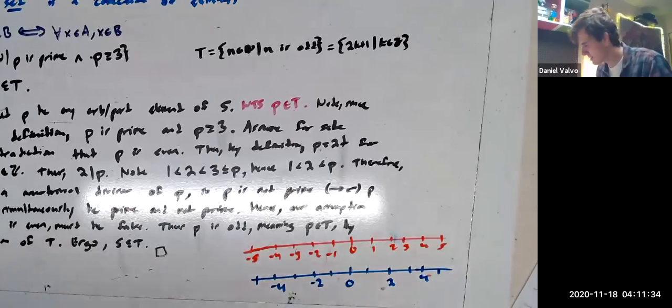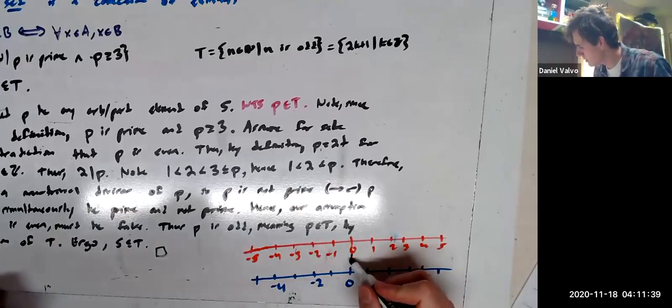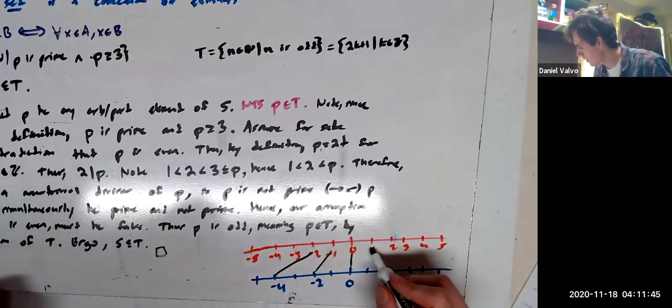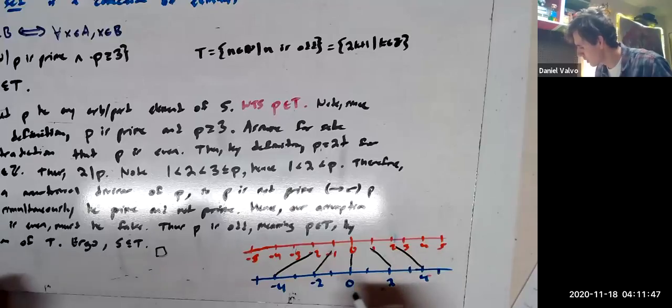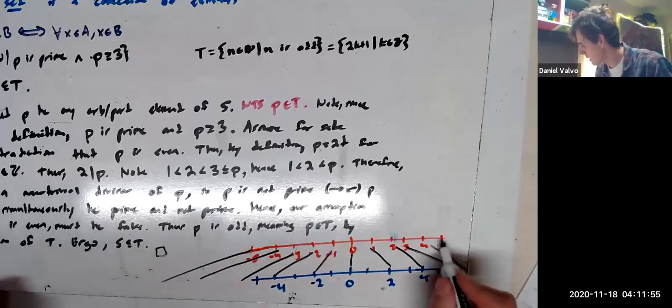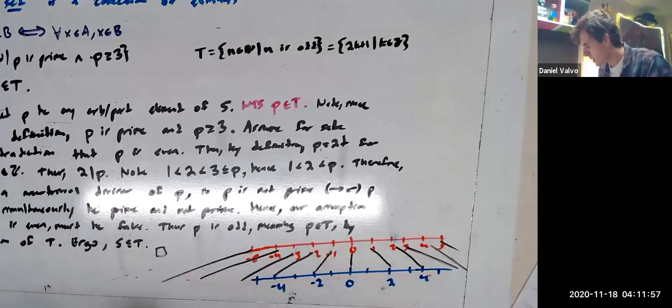But here's another way to look at it. Imagine pairing up 0 with 0, -1 with -2, -2 with -4, 1 with 2, 2 with 4, -3 is going to go to -6, 3 is going to go to 6, -4 to -8, -5 to -10, and so on.